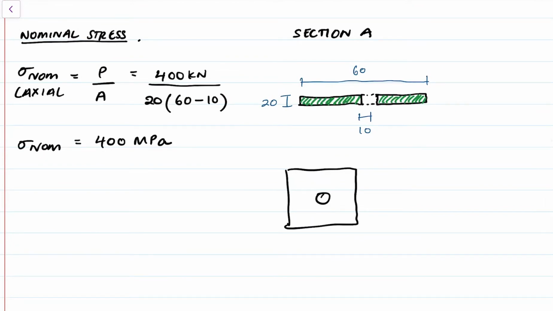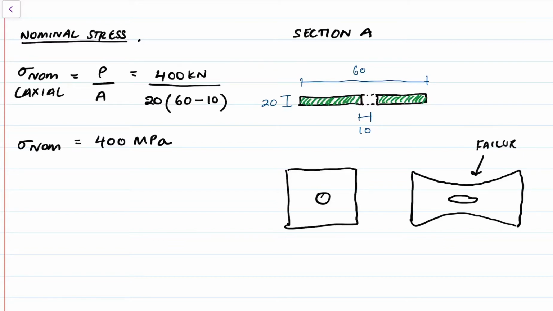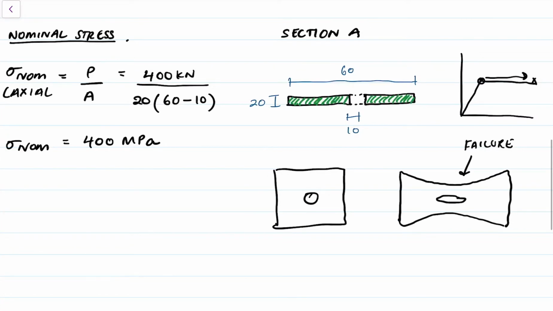If the entire material yields, it will come to a point where it would look something like this. It would start necking basically, right? And this is going to fail if I keep applying the load, right? Because based on our idealized stress strain curve, if it reaches this point, it's going to fail. Like just immediately. It's just going to propagate through and break.